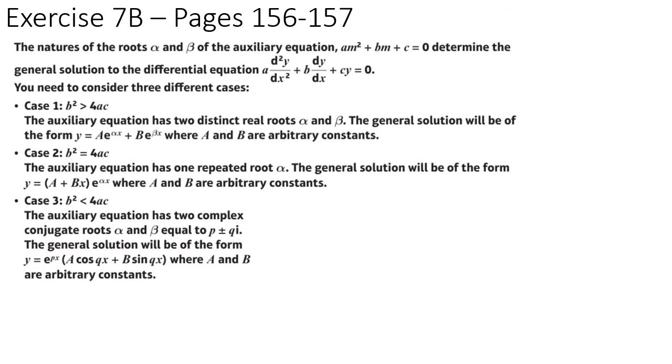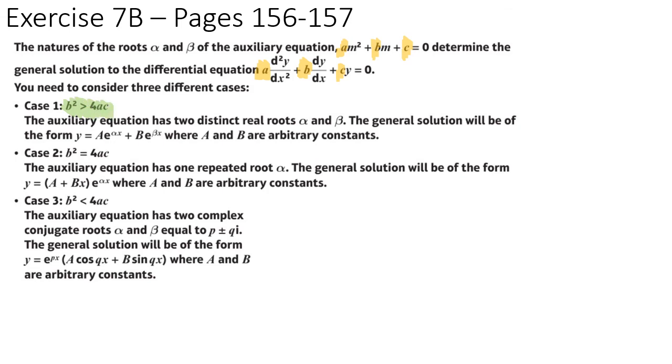So I've summarised, or you've got a summary here of the different cases and the different types of general solutions. So we look for our values a, b and c here. They form the auxiliary equation which we solve, depending on the types of roots of our auxiliary equation.